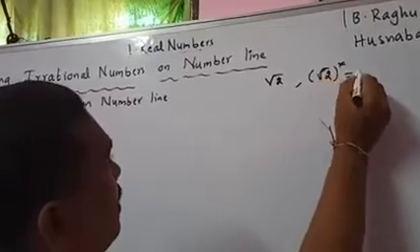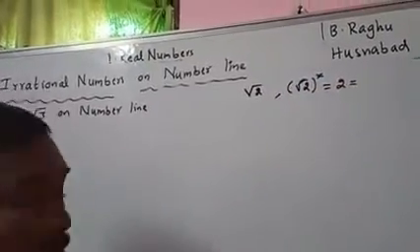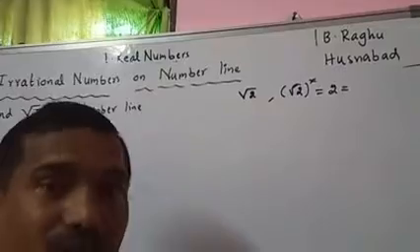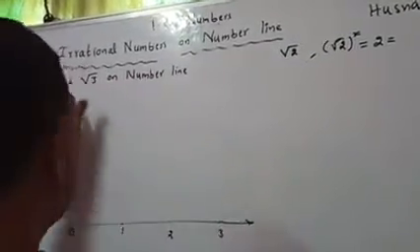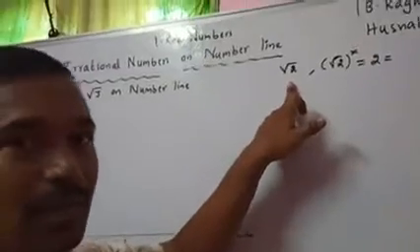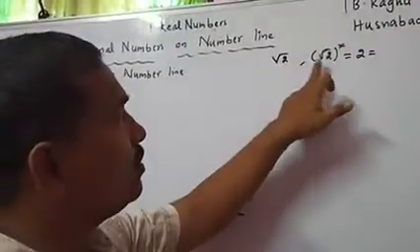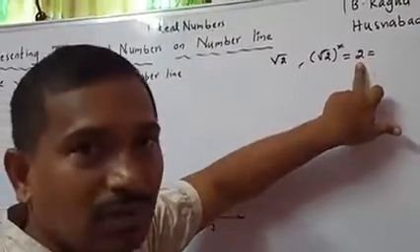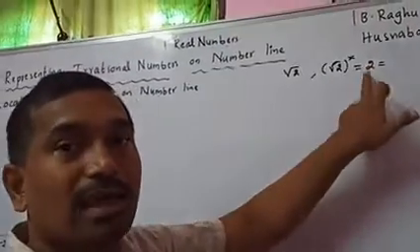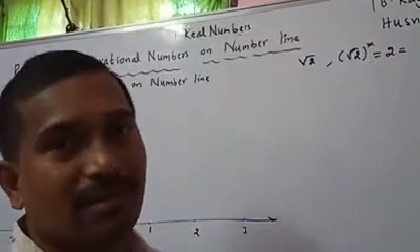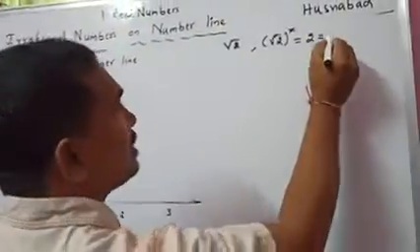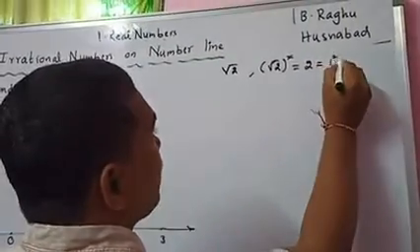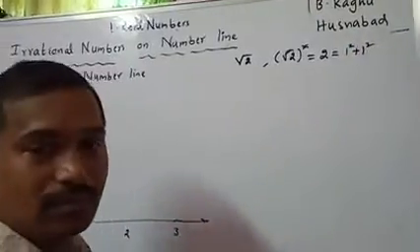Square and root cancel, we get 2. Write 2 as a sum of two perfect squares. How can you write 2 as a sum of two perfect squares? This can be written as 1 square plus 1 square.